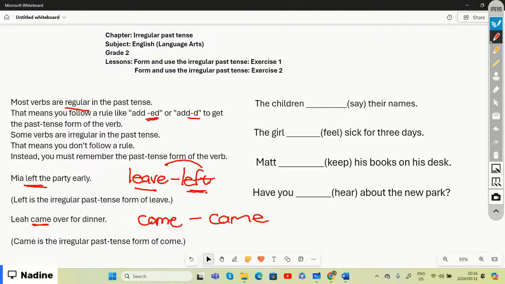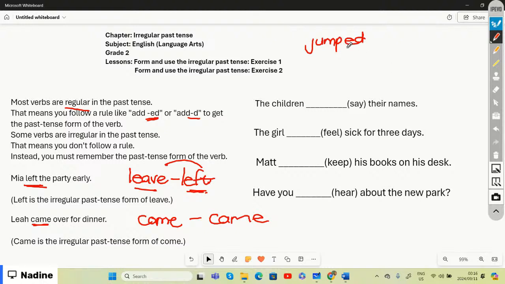We made an example of jump. That is a verb. If I want to show that I jump in the past, we can say jumped. That's the past tense form of jump.